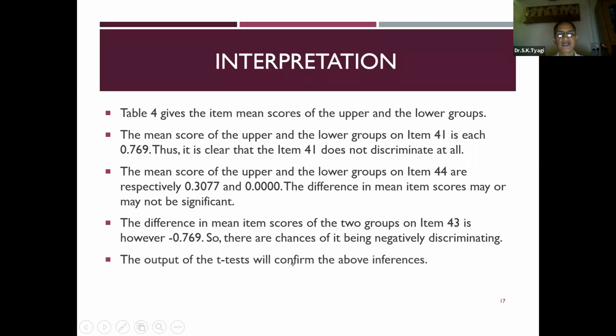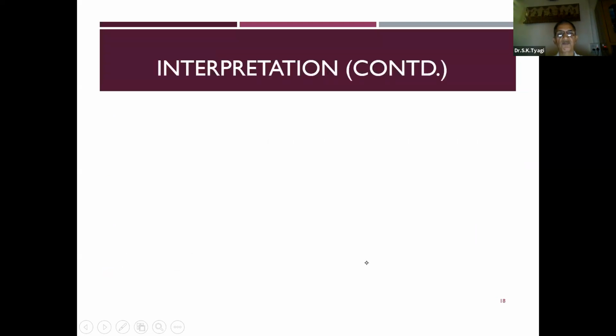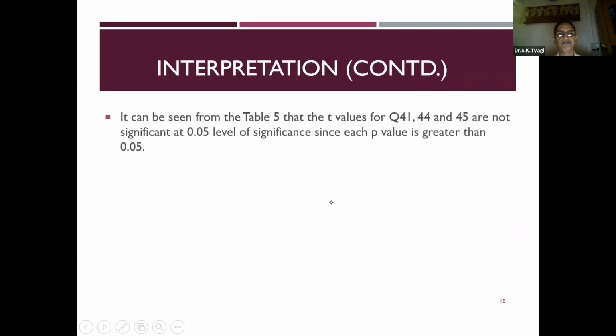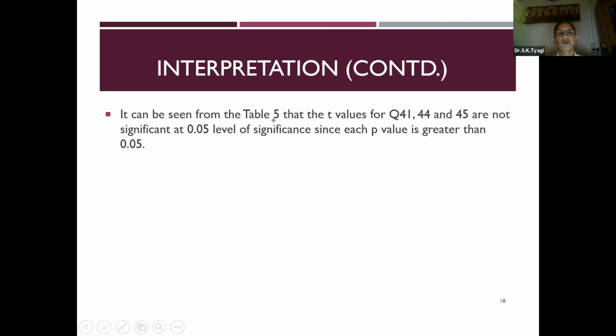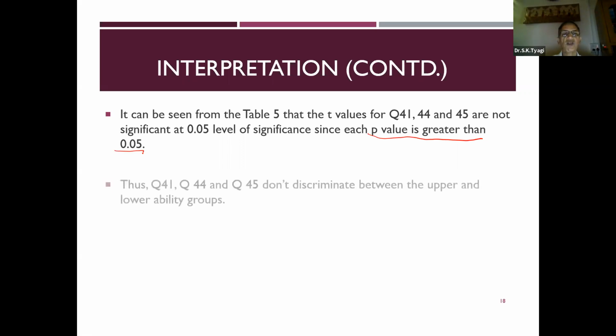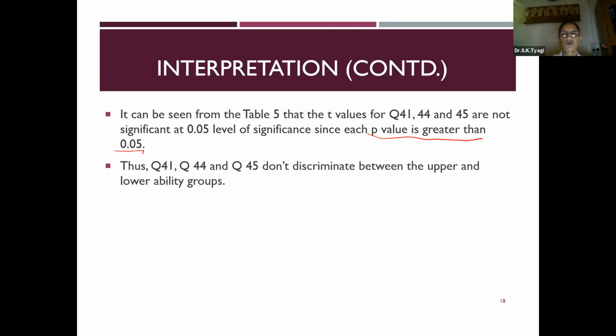The output of the t-test will confirm the above inferences. It can be seen from Table 5 that t-values for questions 41, 44 and 45 are not significant at the 0.05 level of significance because each p-value is greater than 0.05. Therefore, these questions do not discriminate between the upper and the lower groups.